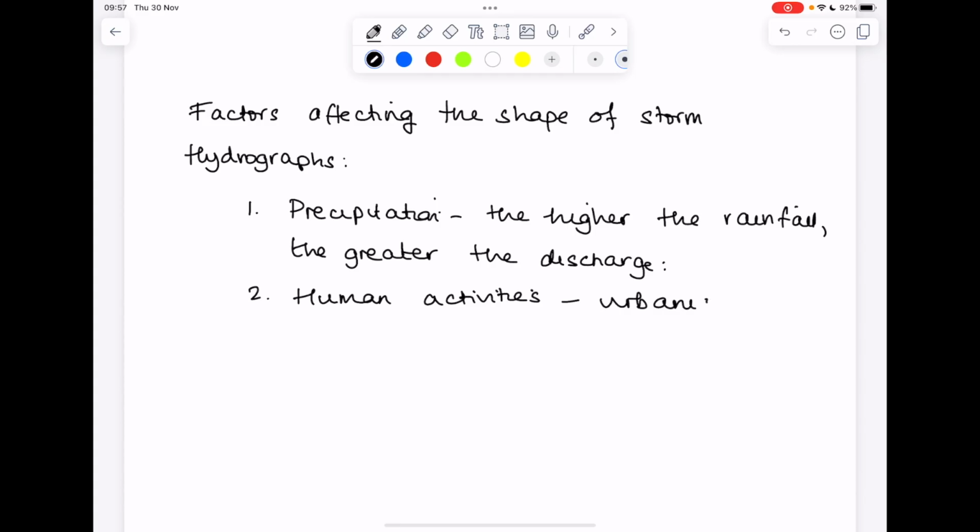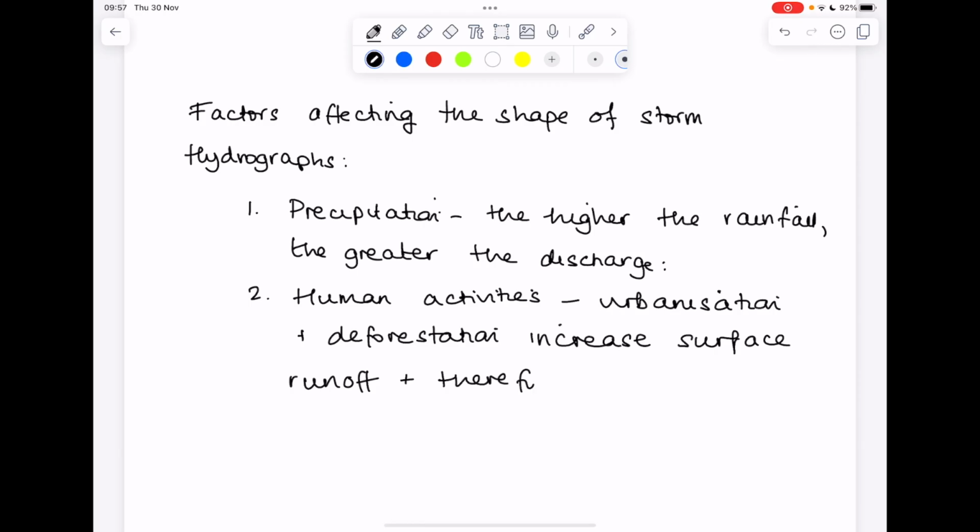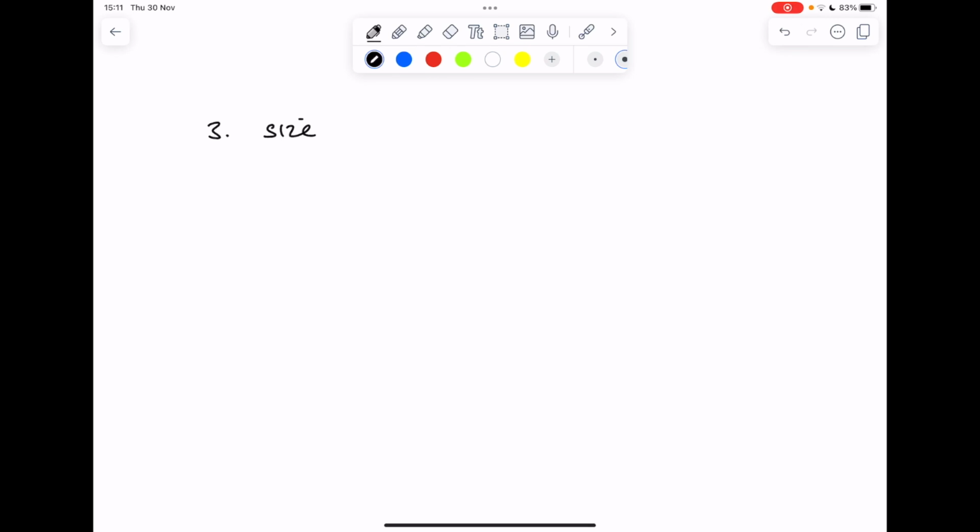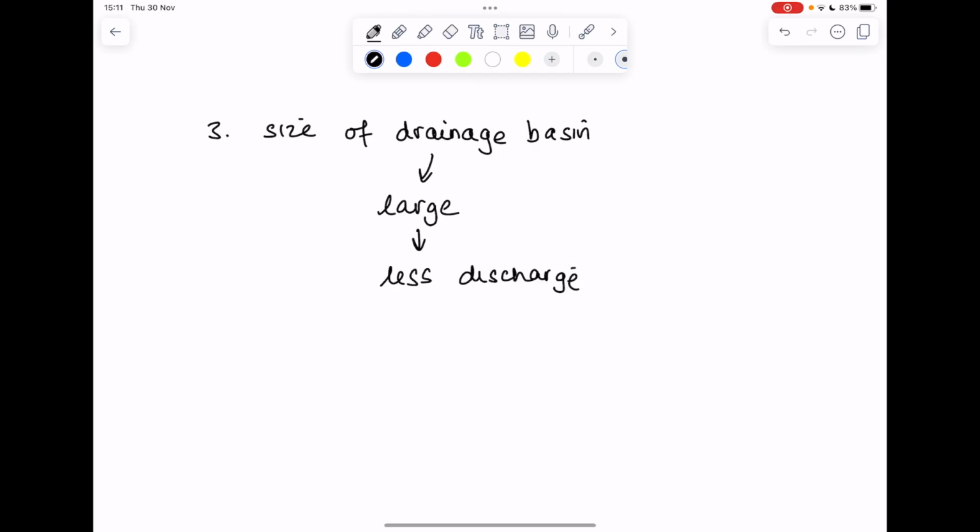Urbanisation and deforestation both increase river discharge, and that's because of increased surface runoff. The size of the drainage basin will also affect the storm hydrograph, and actually you find that large drainage basins are associated with less discharge. Small drainage basins are associated with more discharge, which might seem a little counterintuitive.